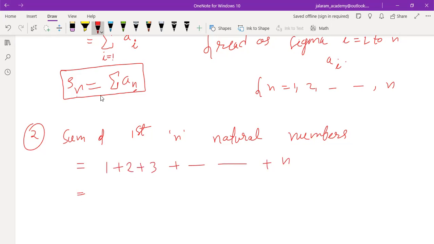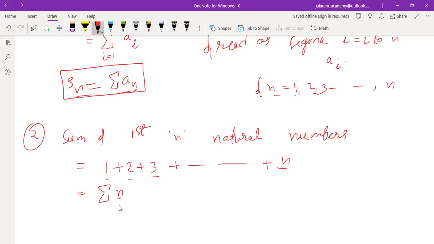So using this principle, sigma an, we can write it as sigma n only. If you use the value of n as 1, it is 1. When you use n equals 2, it is 2. When you use n equals 3, it is 3. So 1 plus 2 plus 3 and so on up to n is denoted by sigma n.